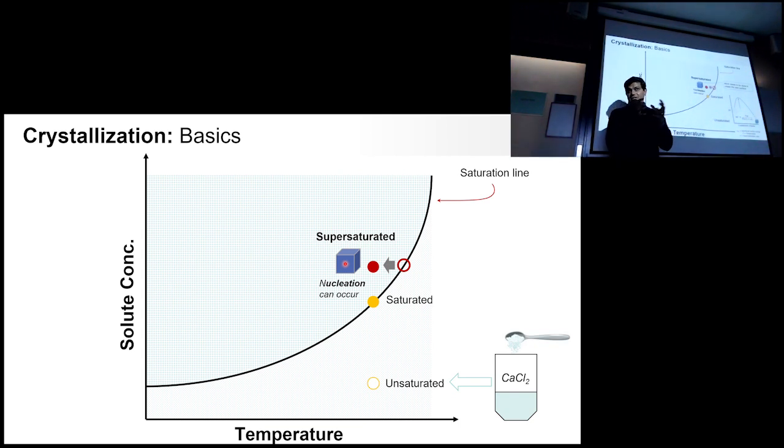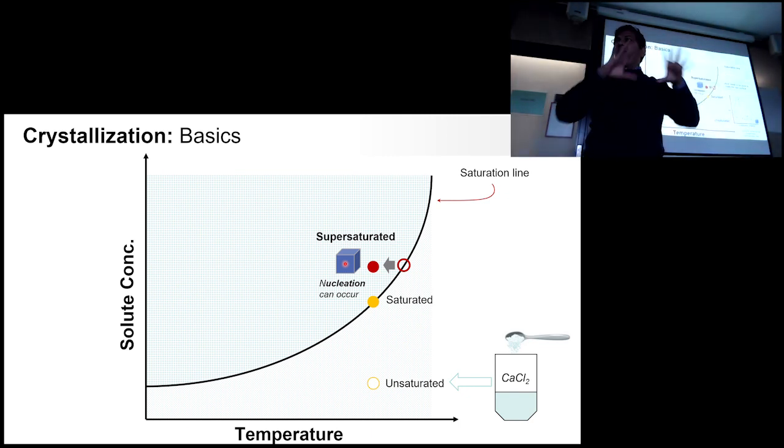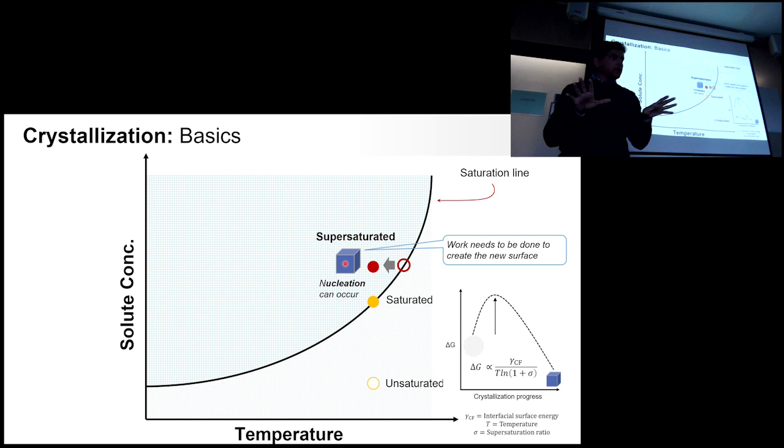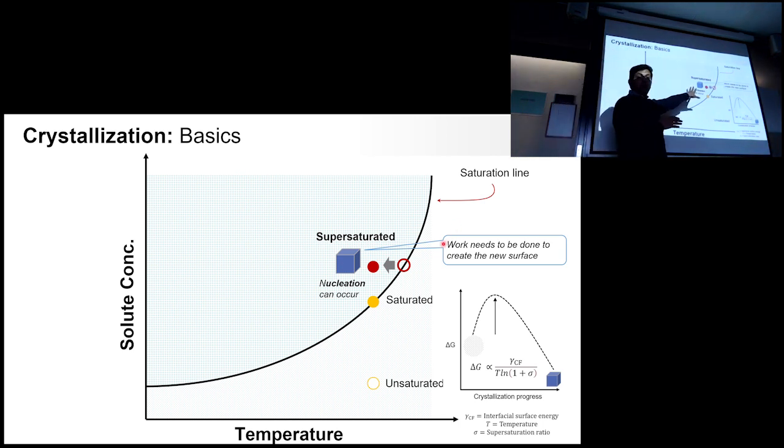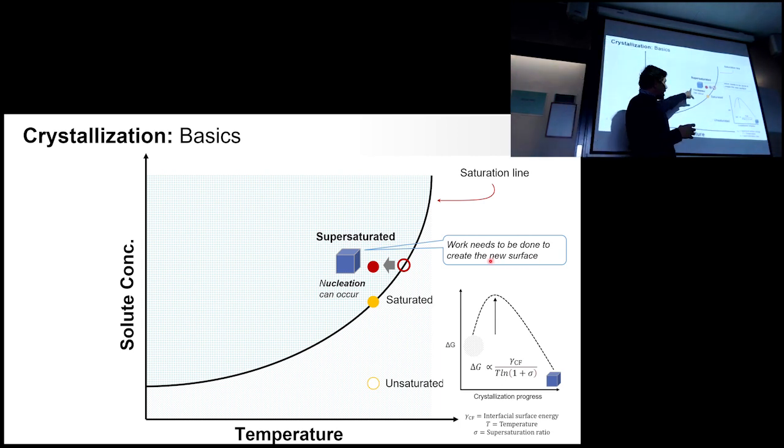The reason for that is crystallization is a process where it's creating new surface. It's going from liquid, where the molecules are randomly moving around, to achieving a more ordered state, where the molecules and atoms are constrained. So there is some amount of energy involved, and this can be calculated. There is an equation there.